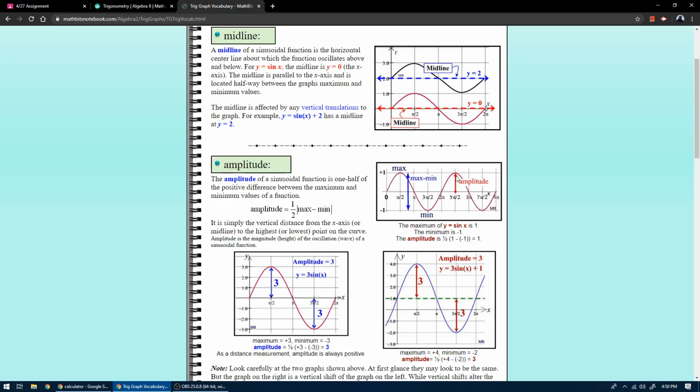The amplitude will be the same whether it's the high minus the mid or the low minus the mid, because the midline is exactly halfway between the high point and the low point.